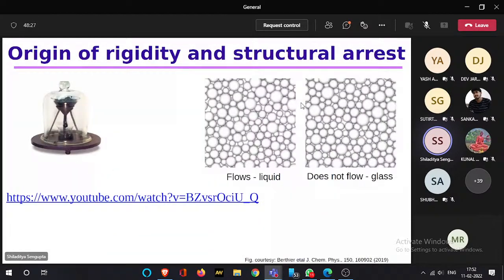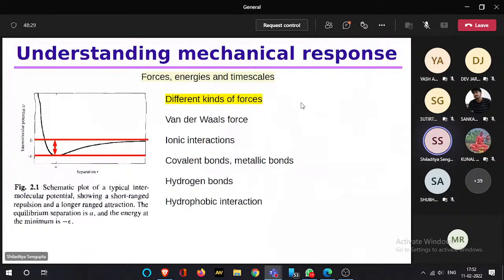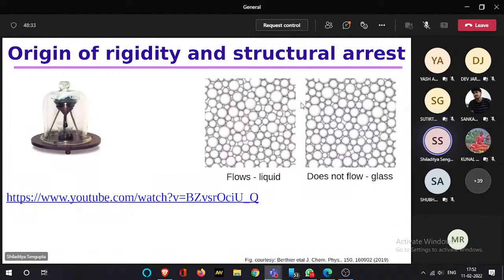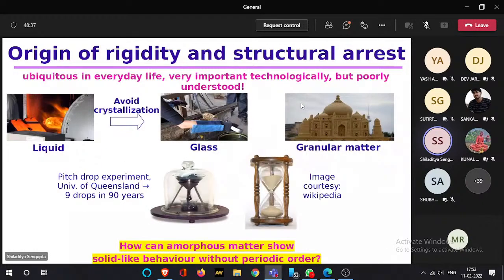Now let me quickly go to one thing, because I have put this non-Newtonian and Newtonian thing. Here is an example of some material which is in a gray area between solid and liquid. This is an experiment that is going on at the University of Queensland. A very simple tabletop experiment.